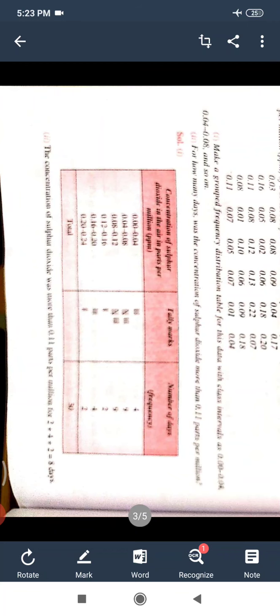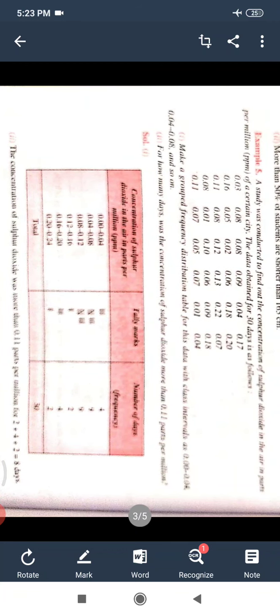Okay. So now in this table, before making the table, see the question. The minimum number, the lowest number, is 0.01.